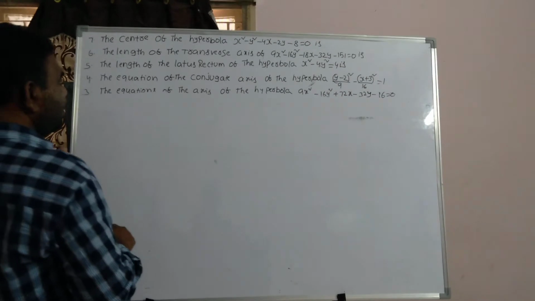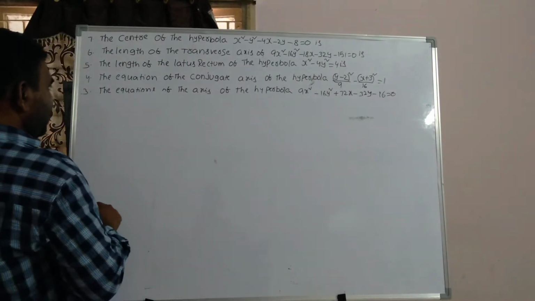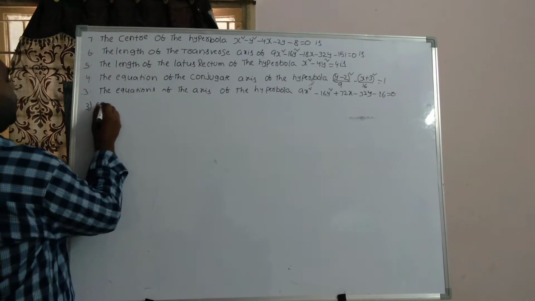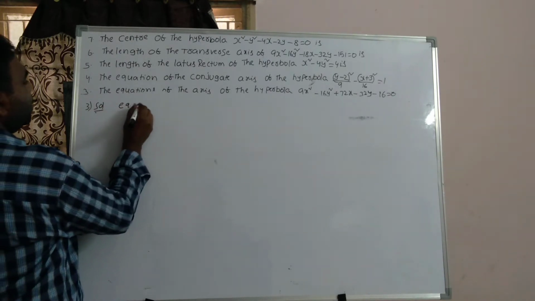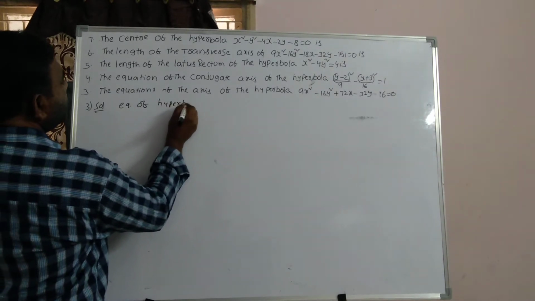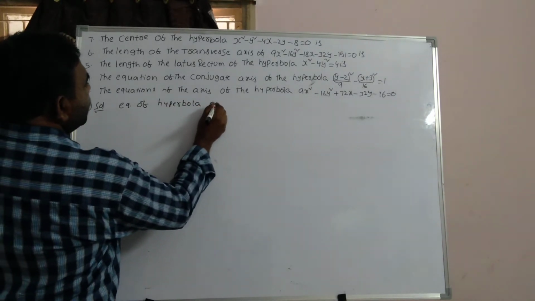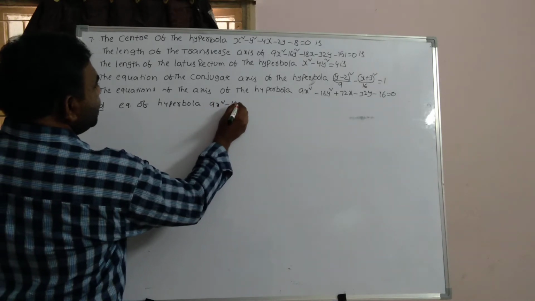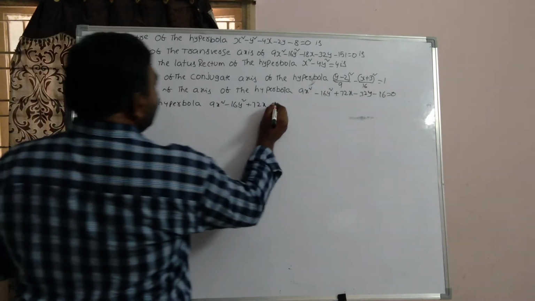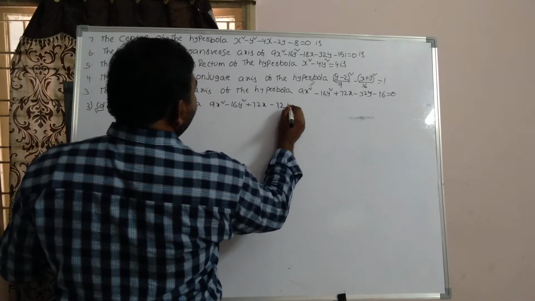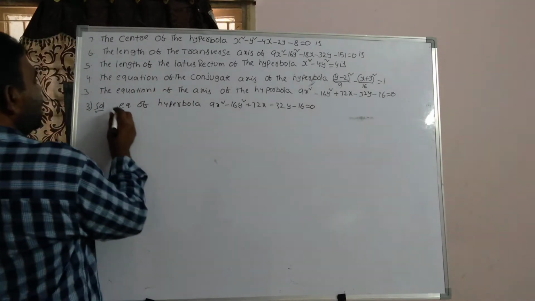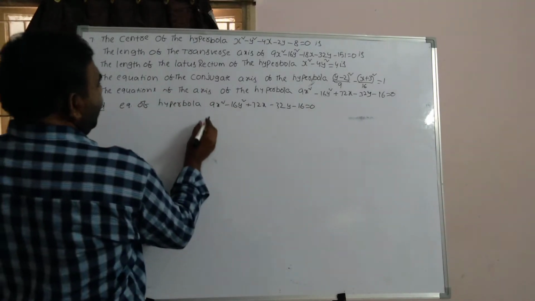First of all, the equation of hyperbola, that is 9x square minus 16y square plus 72x minus 32y minus 16 is equal to 0. What do you want? He wants us to find the equation of axis.